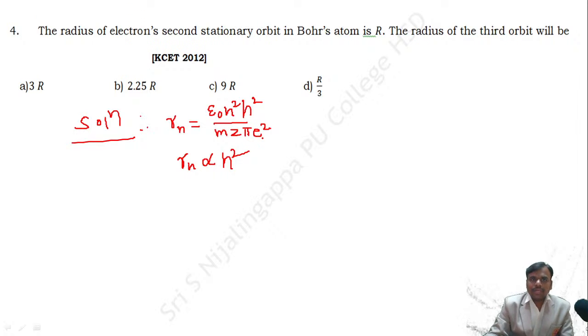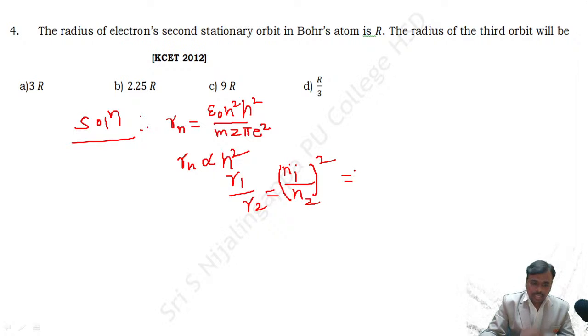That is the radius of the electron in the second orbit of the hydrogen atom, that is R. Therefore, R1 by R2 is equal to N1 by N2 whole square, because R1 is N1 square, R2 is N2 square. Here N1 represents the radius of the second stationary orbit in Bohr's orbit.